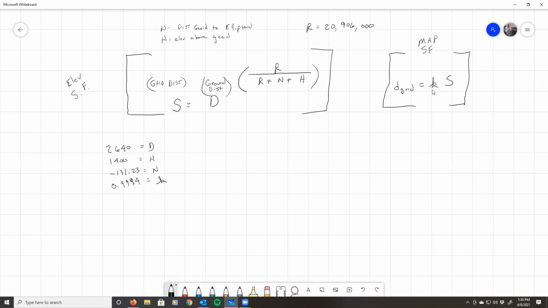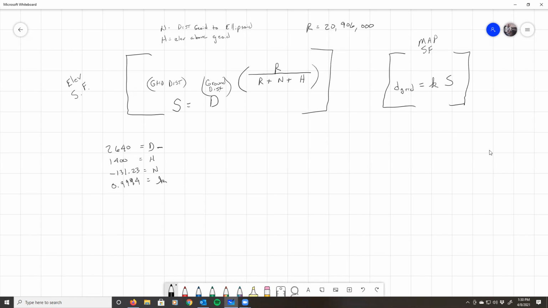And it's asking what kind of grid distance you are going to end up having. This is the actual distance measured on the ground, the D. The grid distance we are going to calculate based off of the elevation. The grid distance then also needs to be multiplied by the scale factor to get the length of the grid distance from point A to point B.